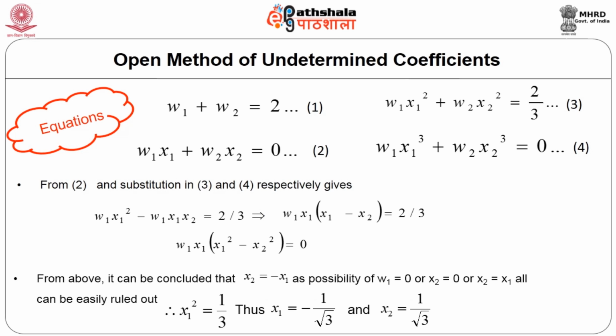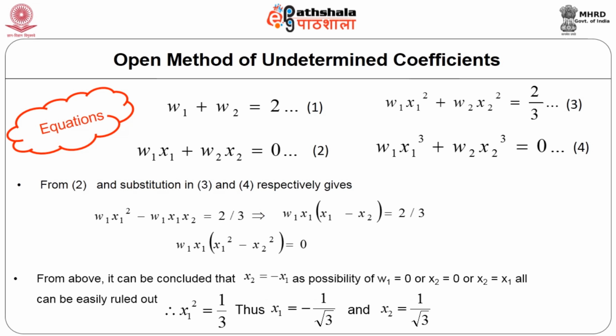It can be concluded that W1 and x1 will not be 0, those possibilities are ruled out. Neither W1 can be 0, nor x1 can be 0, and nor x1 can be the same as x2. Details can be seen in the text, and so finally, we get x1 square equal to x2 square, both being different, we get x2 is equal to minus x1.